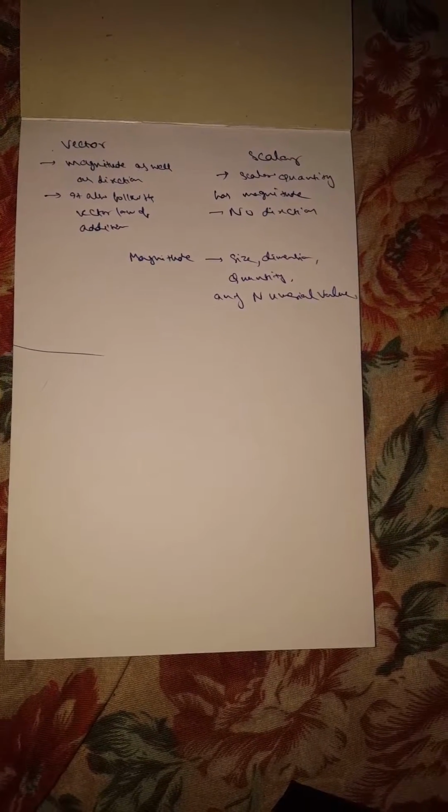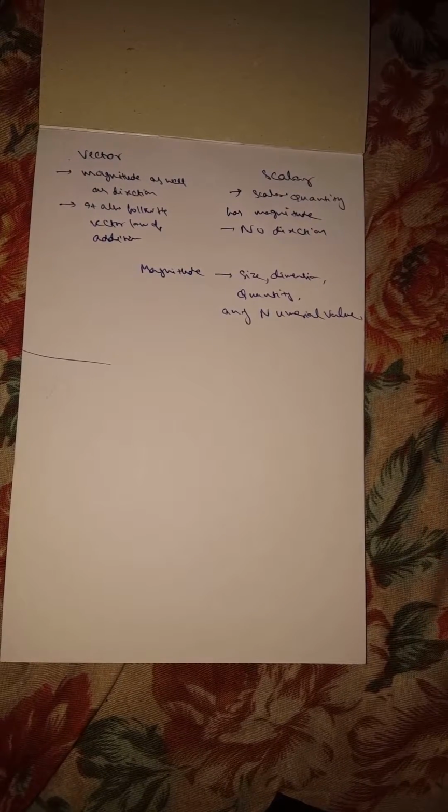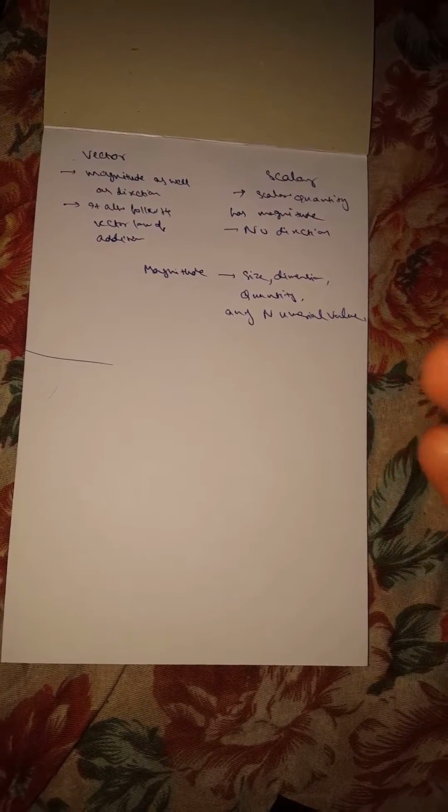So the numerical representation of any physical quantity is called its magnitude, and direction is the sense, or the line of action, or the line of motion. So let's understand through an example.